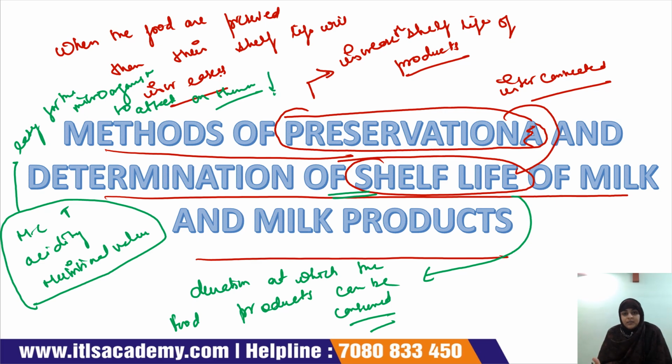Again, if the moisture content is low, there is less chance of microbial growth, and it will not affect the shelf life of the product. So in today's lecture we are going to discuss the different methods for the preservation of milk, and the different factors which affect the shelf life of milk and milk products. So let's start today's lecture.